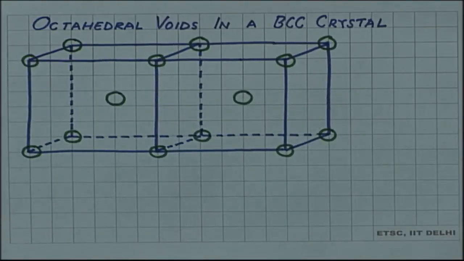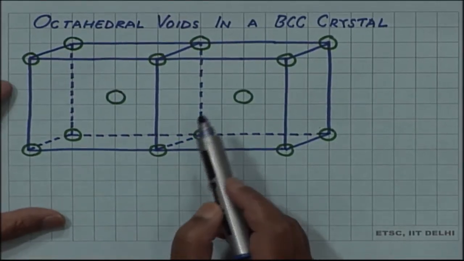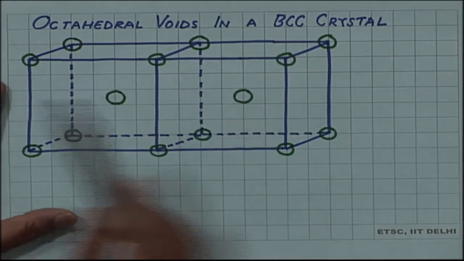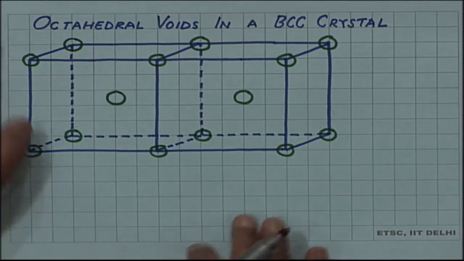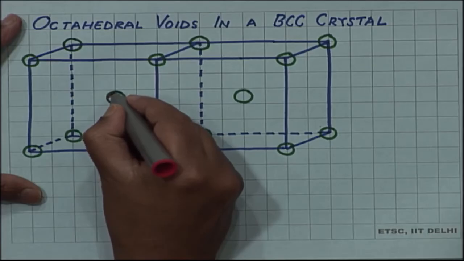Now, let us look at the octahedral void. You recall the octahedral void was formed by 6 corners. Although an octahedron has 8 faces, it has 6 corners. So, where can I identify those 6 corners in this structure to form my octahedral void?